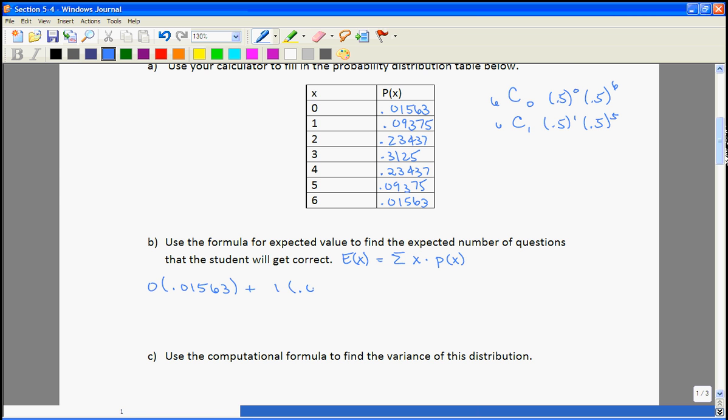Then we have 2 times 0.23437, and so on.